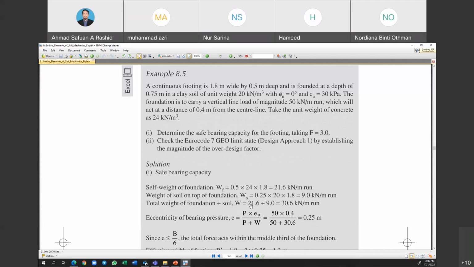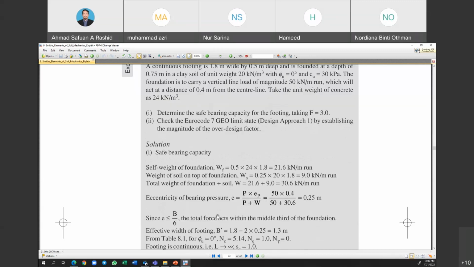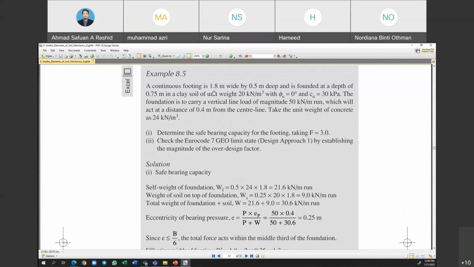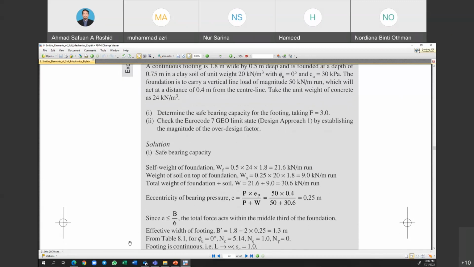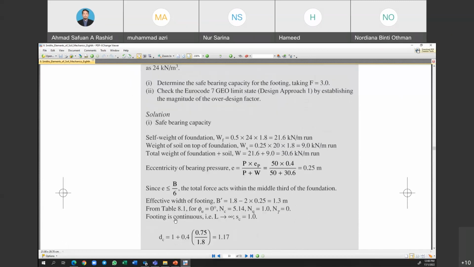In order to use the L prime value, we need to check against B over 6. 1.8 over 6 is 0.3, which is greater than 0.25, so the total force acts within the middle third of the foundation. Then the effective width of the footing is equal to 1.3.